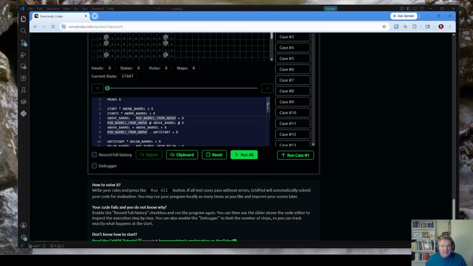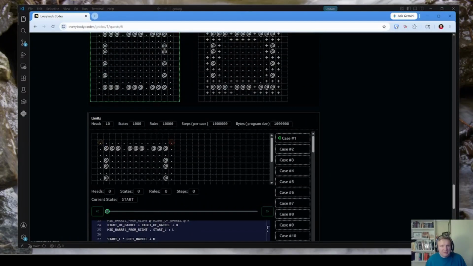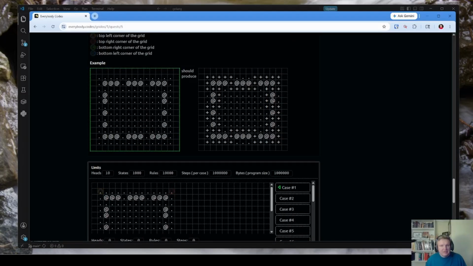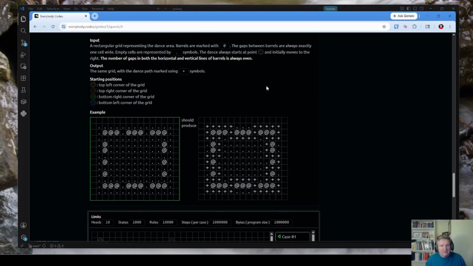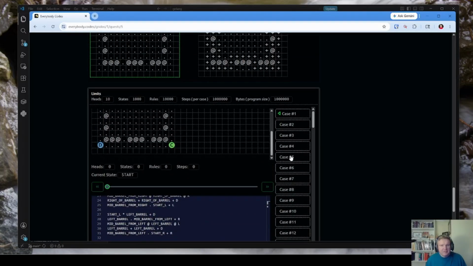Okay, so I'm going to hit that, and I'm going to hit the S. So anyway, I come all the way around. Are these all symmetrical?